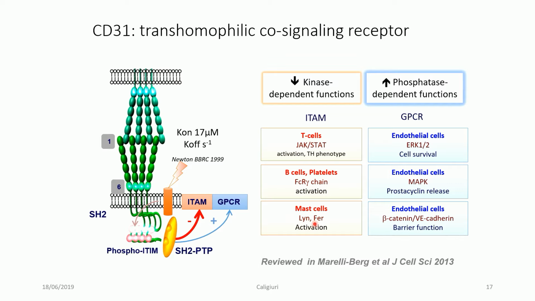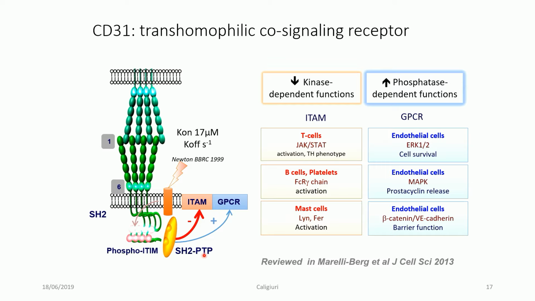And here I have tried to summarize what CD31 does according to the literature before I arrived. Overall, we can say that kinase-dependent functions are uncoupled, whereas phosphatase-dependent functions are favored, because CD31 brings in phosphatases.